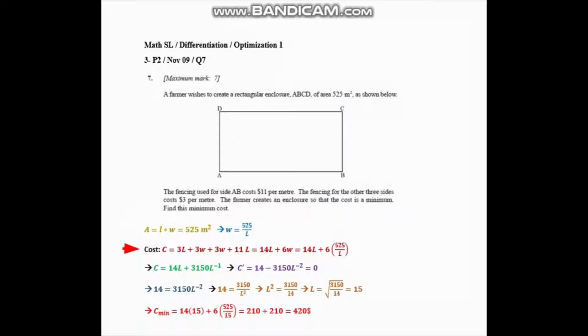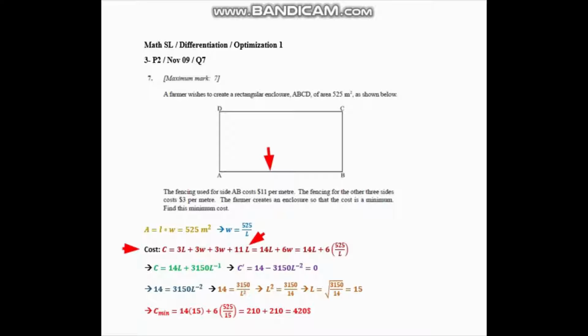So, how did I get that? Simply because this side costs $11 per meter. So, if the length is 2 meters, then it shall cost 11 times 2. If the length is 5 meters, it shall cost 11 times 5. If the length is L meters, then it shall cost 11L.